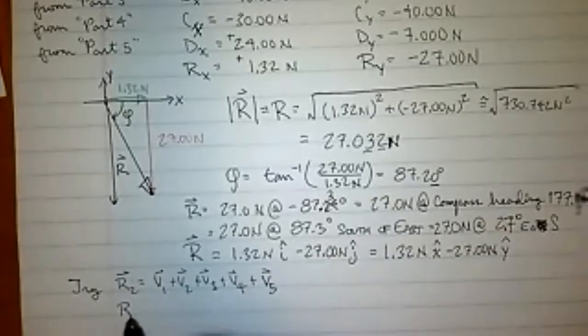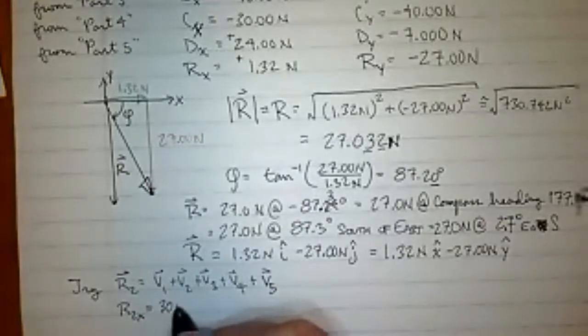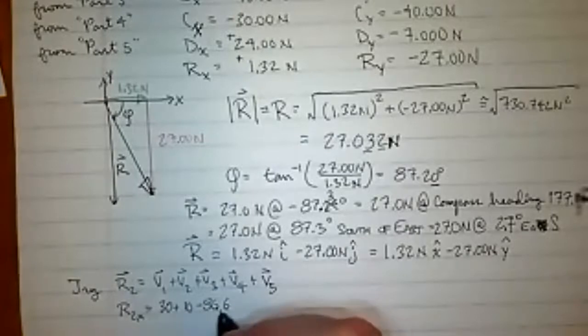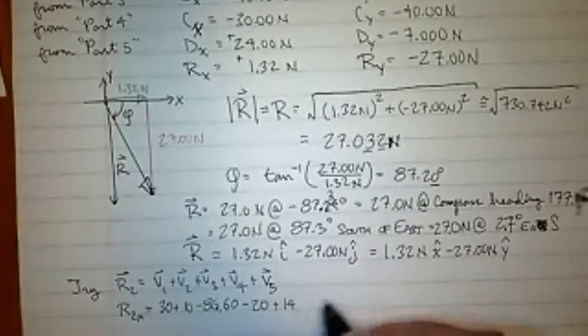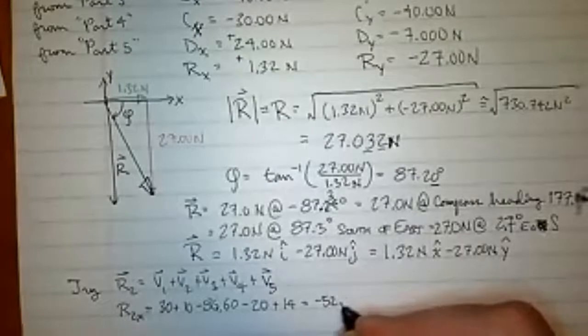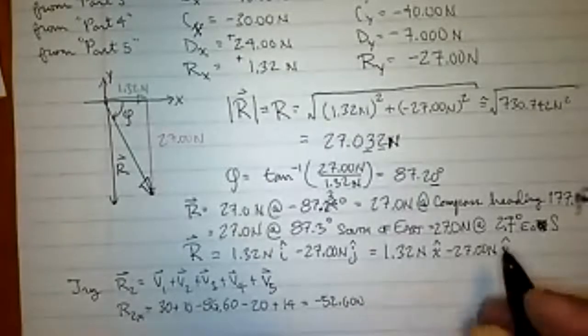I got R2x was equal to 30 plus 10 minus 86.60, check my work too, of course, minus 20 plus 14. And that gave me negative 52.60 newtons.